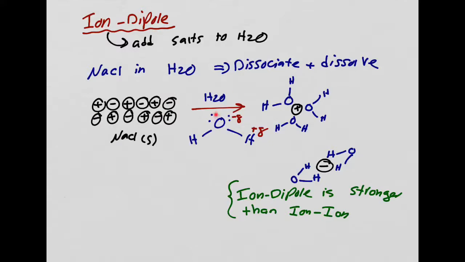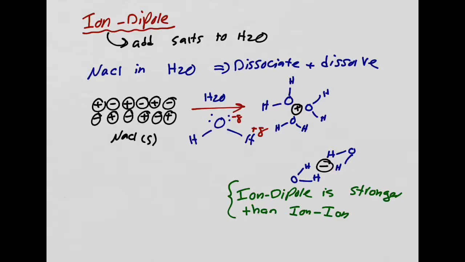Now, water, which has dipole, was able to come and break this up. And now I have an ion dipole force. So ion dipole was stronger than ion, and that's why water could break it up. Because the ion forces weren't that strong. The ion dipole is stronger, so water could break it up. And I want to have an ion dipole over here.